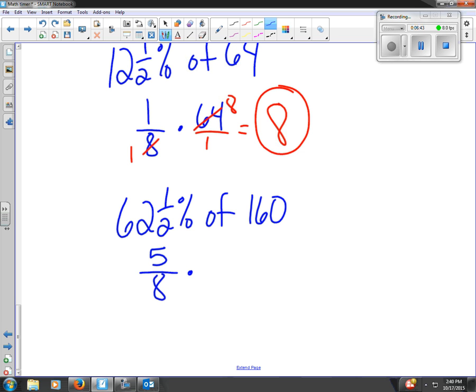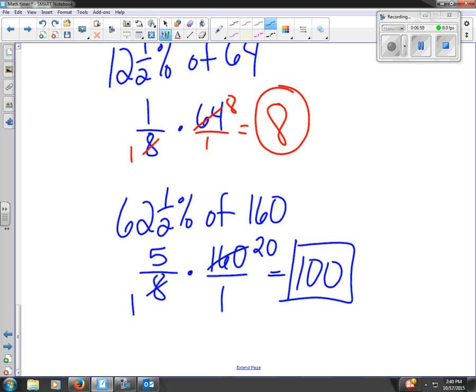So 5/8 times 160 over 1. Cancel things out. That becomes 20. So 5 times 20 is 100. So that means 62.5% of 160 is 100.